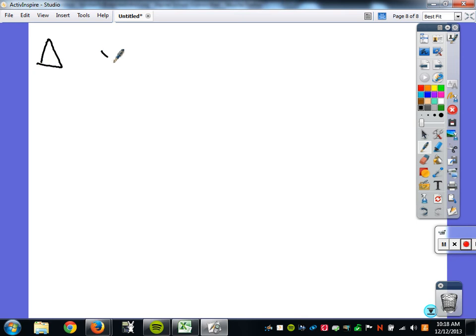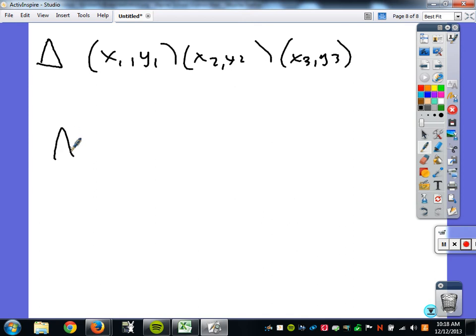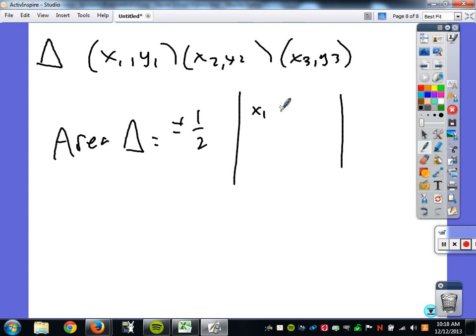A triangle has 3 points, I'm going to call them x1, y1, x2, y2, x3, y3. And all you have to do, the area of a triangle equals plus or minus a half, and I'll explain why there's a plus or minus there, the determinant of x1, y1, 1, x2, y2, 1, x3, y3, 1.